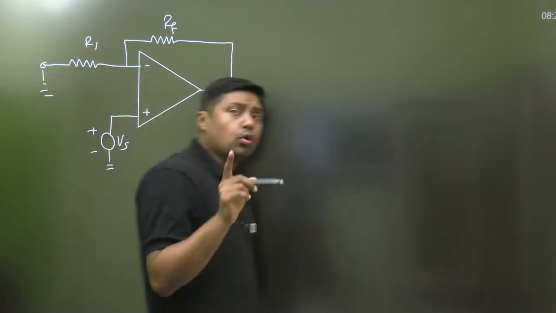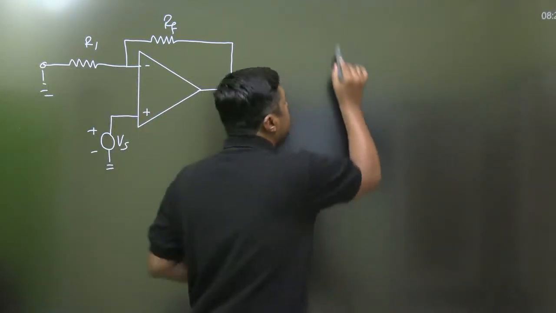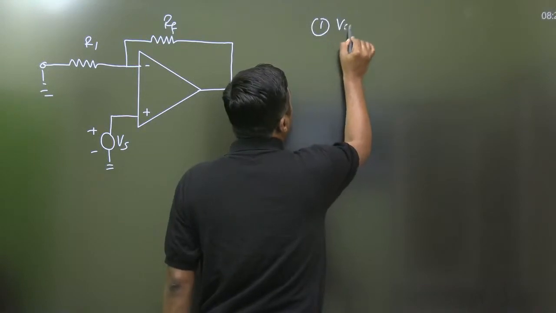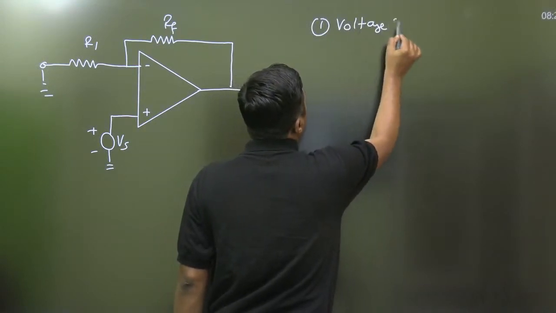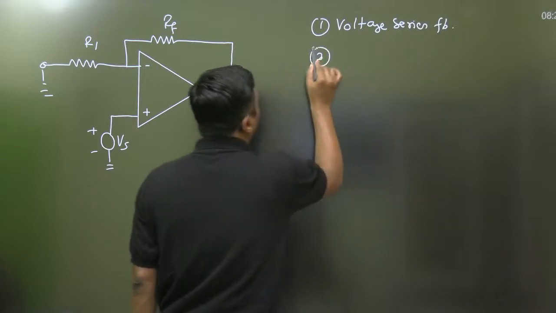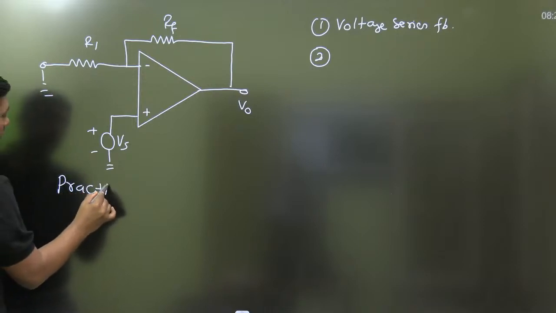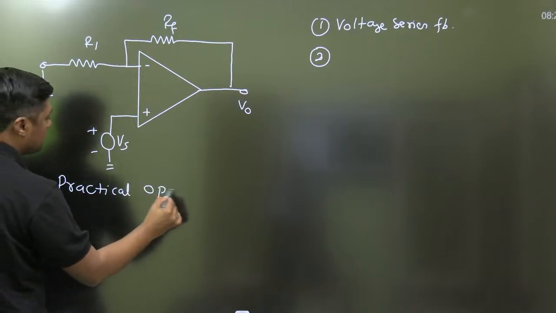First thing, please make your own notes just with me. First point, feedback mechanism is voltage series feedback. Second point, it is a practical operational amplifier.